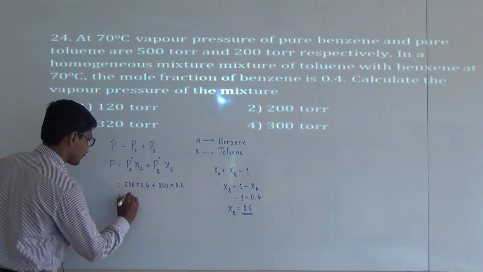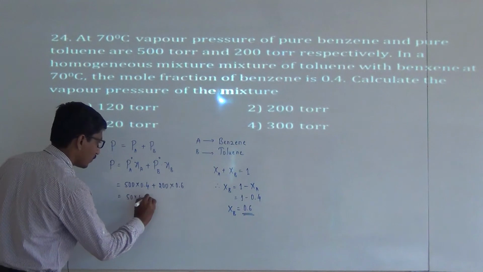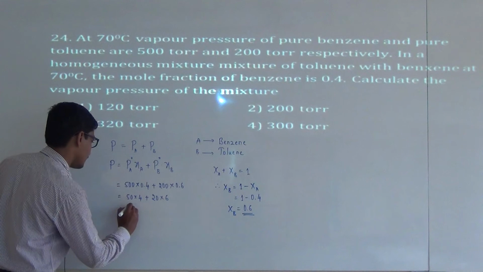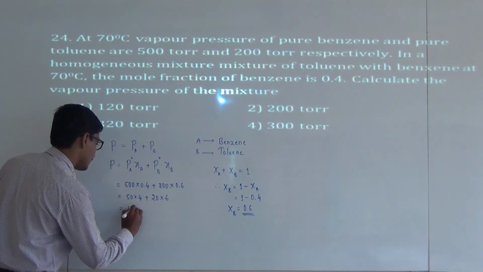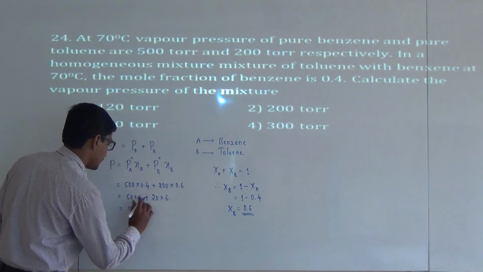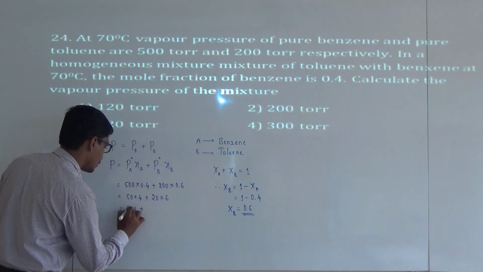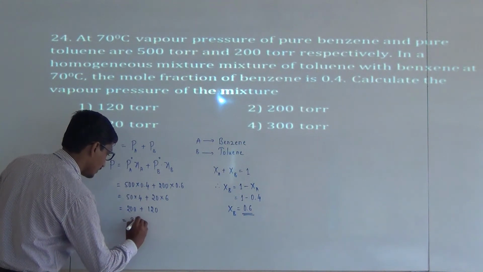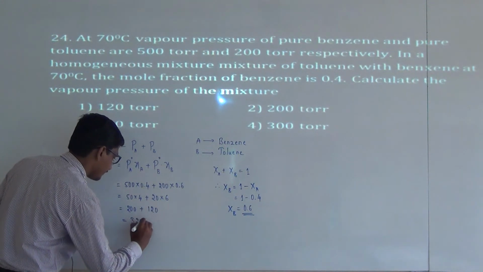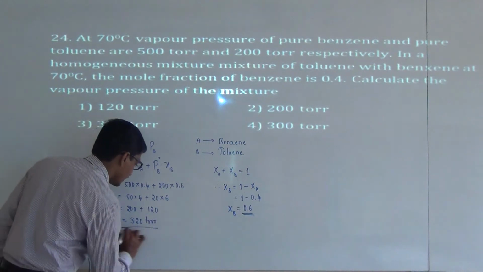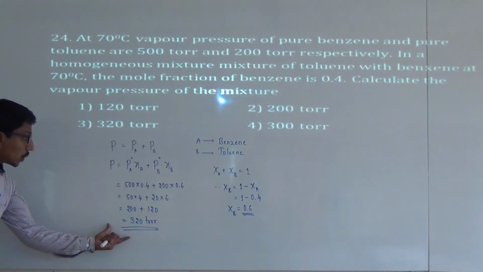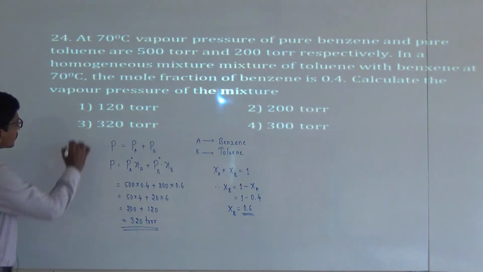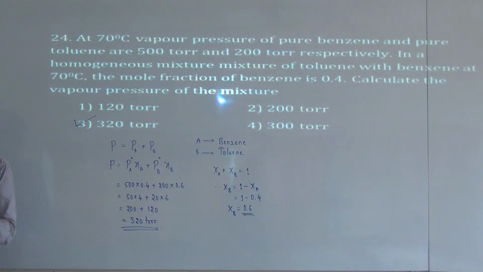This is equal to 50 into 4 plus 20 into 6, which is 100 plus... 200 plus 120, equal to 320. 320 torr is the total vapor pressure of the liquid mixture, and the third option is the right one.